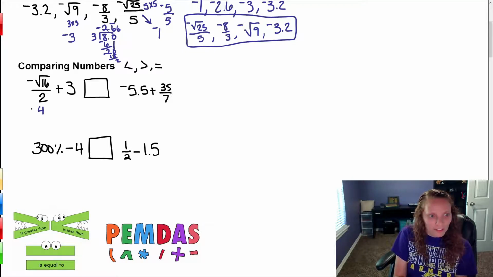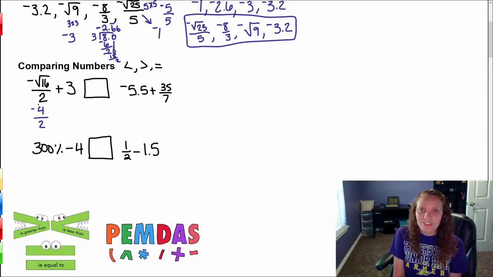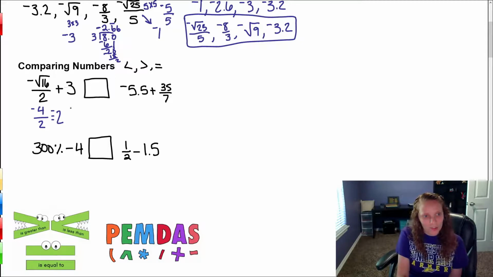There is a negative sign in front of that, and then over 2. We haven't simplified that yet. Well, 4 divided by 2, we're dividing now, is 2. But there is a negative out in front. So now we need to take -2 and add 3.